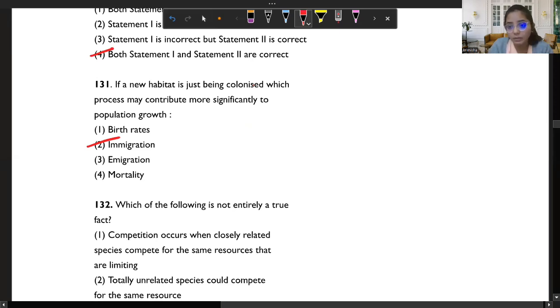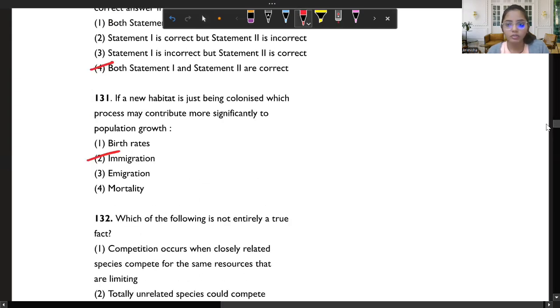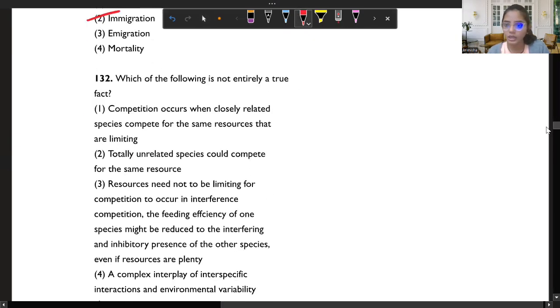So first we need people. And how will people come without reproduction? First, through immigration. People move into that area and then reproduce. So immigration is required to colonize a newly developed area. So that is question 131. Option 2 is the correct answer.